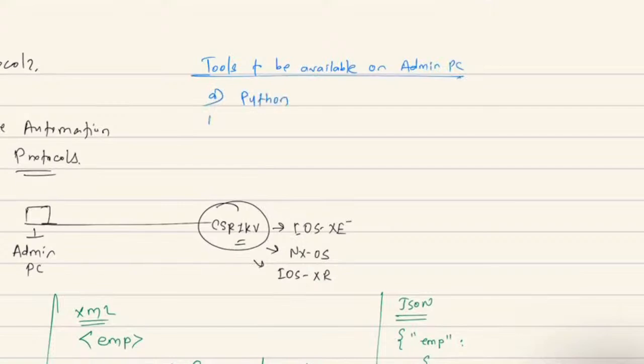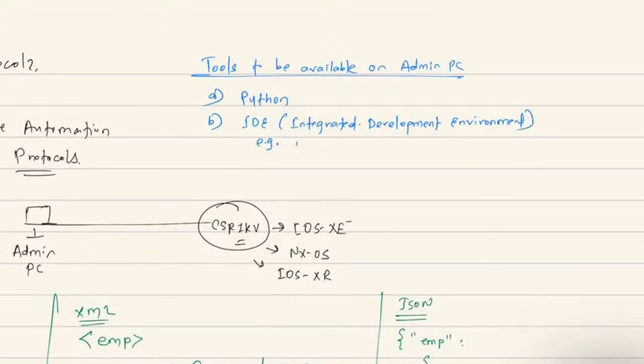Number two, you need to have an IDE installed, which stands for Integrated Development Environment, right? And there are lots of options which are available.